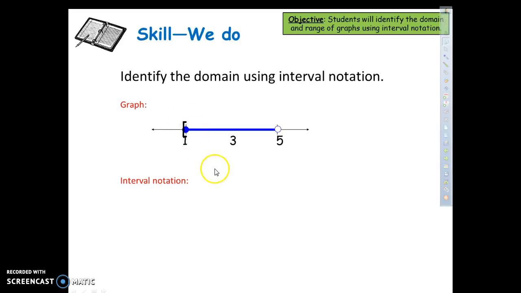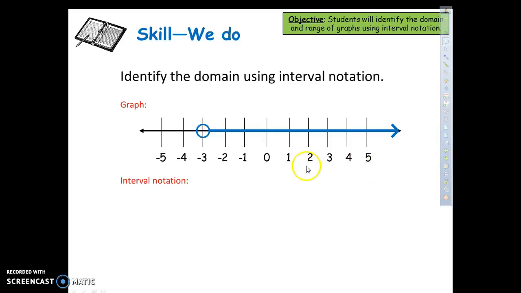So that would be a bracket. Here I have an open dot, and that is represented by a parentheses. So therefore my interval notation would be 1, 5. I'm including the value of 1, so I use a bracket, and here I'm excluding the value of 5, so I use a parentheses. So in interval notation, that is [1, 5).